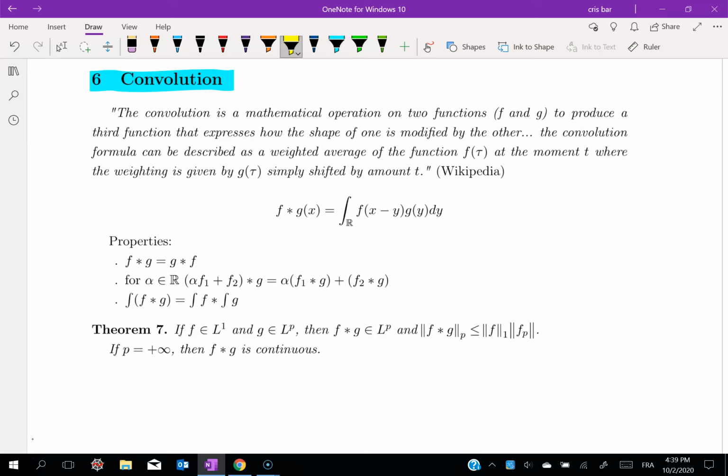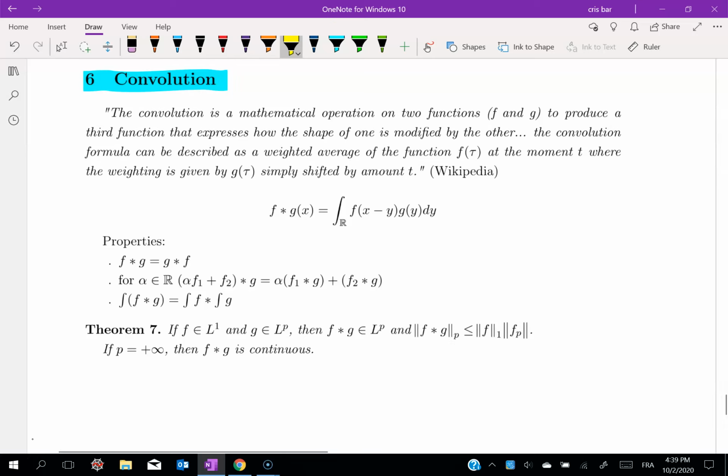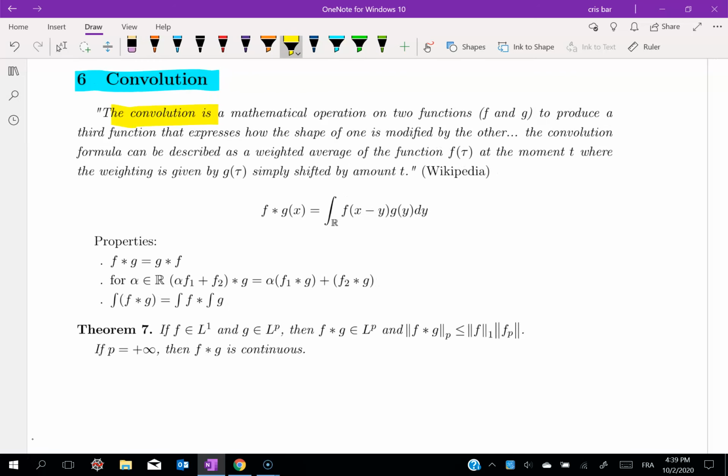Let's read the first paragraph, which, I'm sorry about that, is I think one of the clearest definitions or approaches to convolution that I've seen, from Wikipedia. The convolution is first of all a mathematical operation. In order to perform it, we need two functions, called f and g, and we have this notation with this nice little star.